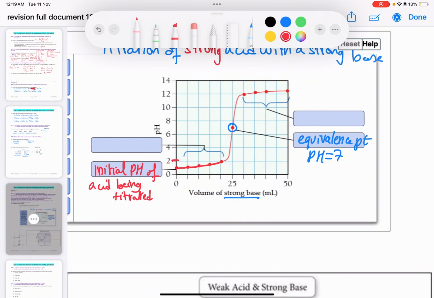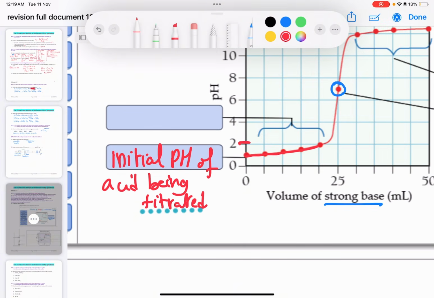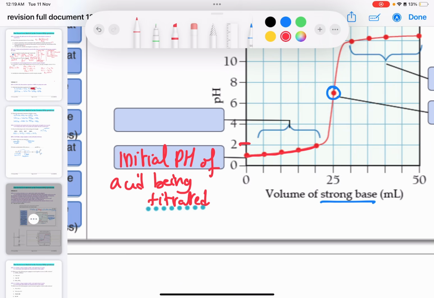Now this is when H3O+ is still in excess, we are still in acidic medium, we did not reach the equivalence point. So this is the area before the equivalence point when H3O+ is in excess.